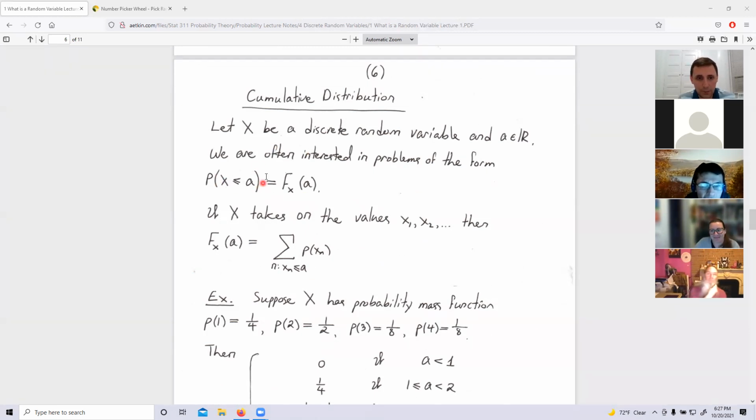So basically we sometimes want to know the probability that X is less than or equal to A, right? In other words, the probability of something being less than the number A. Maybe if you are a very good student, you want to know if you're in the 99th percentile, right?